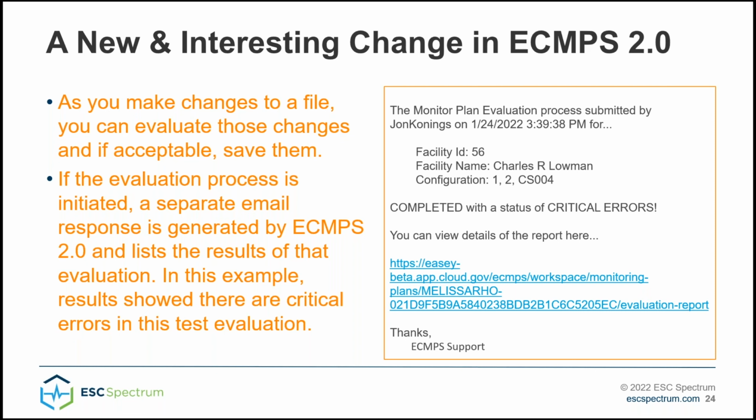So in the past, when you would do an evaluation, you would get a screen that showed you the evaluation results. Now, instead of getting that same screen, you're going to get a separate email, and it arrived pretty quickly, I'd say within 10-15 seconds. And it also gives you a link to where you can get that same report again. So that's a little different than what we've seen in the past.